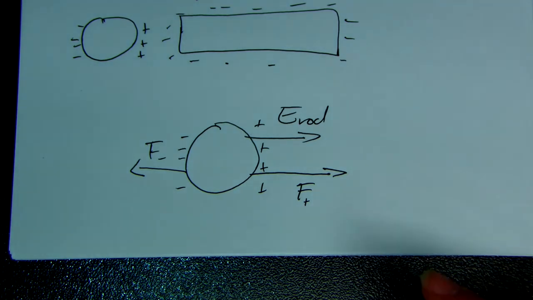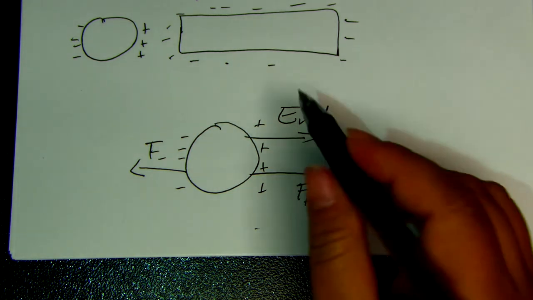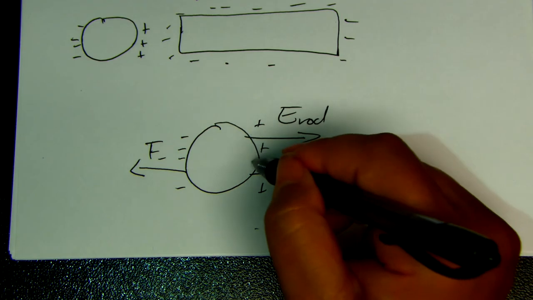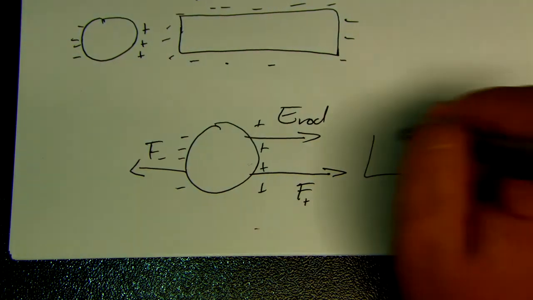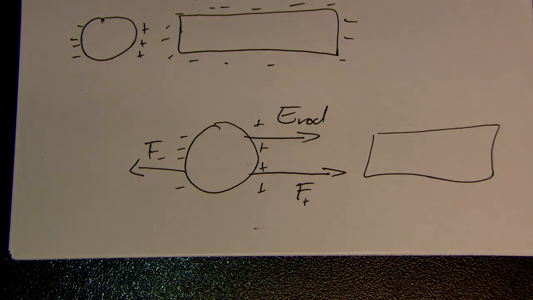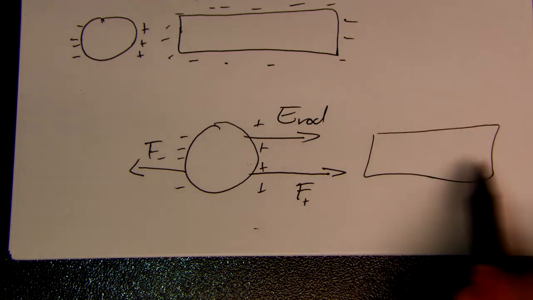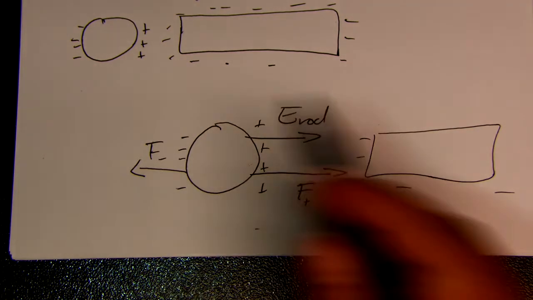What we can see is that the net force on the ball will be greater. And the reason for that is these charges are more spread out, and so you won't have quite so much repulsion.